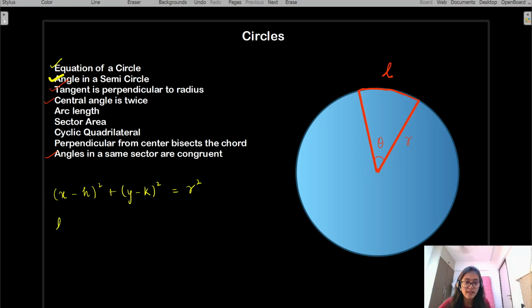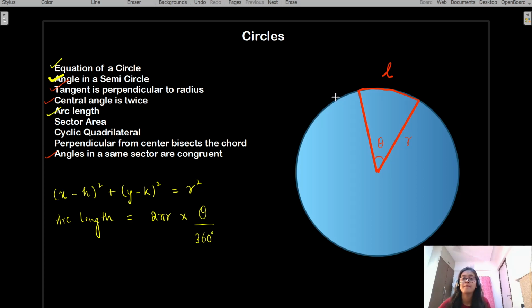So the length of the arc is given by, I'm going to write the formula. Arc length is given by the circumference of the circle, which is 2 pi r, times this angle over 360. That's your arc length. Then next you have sector area.